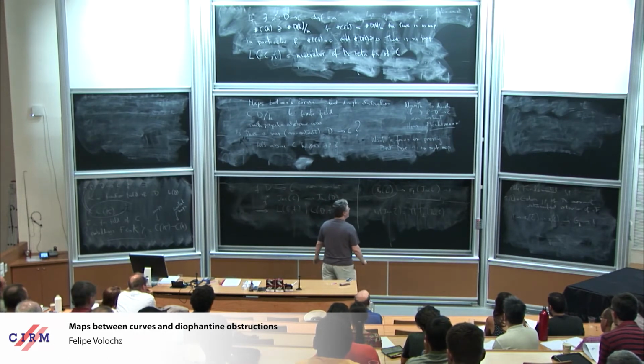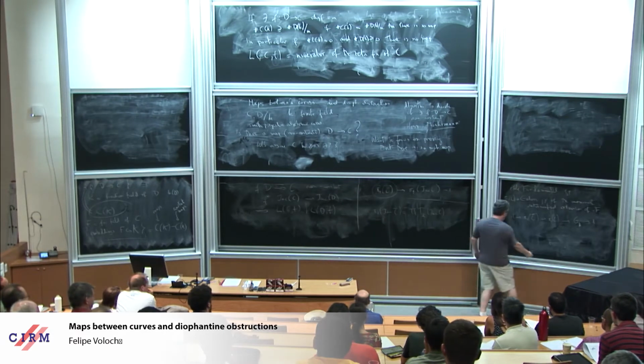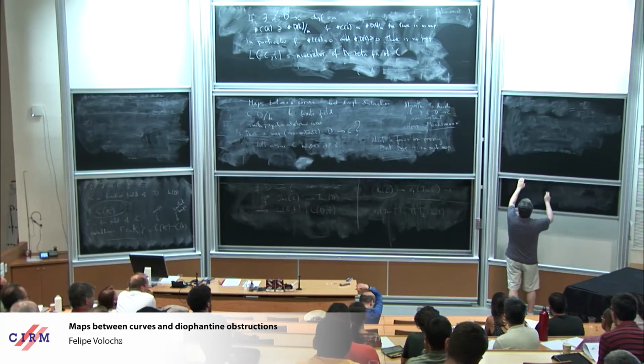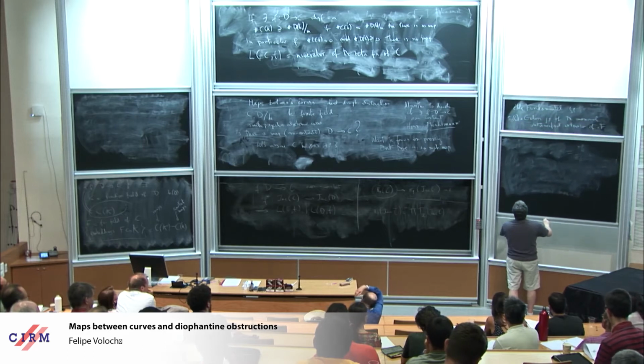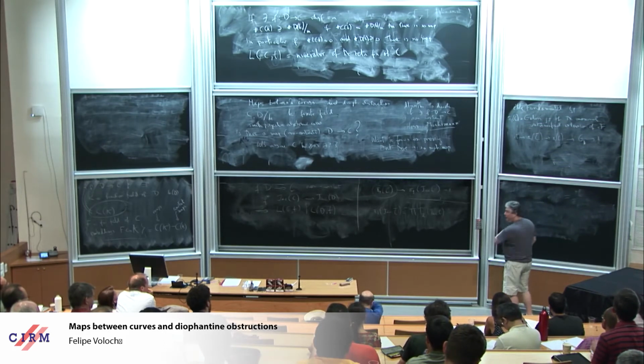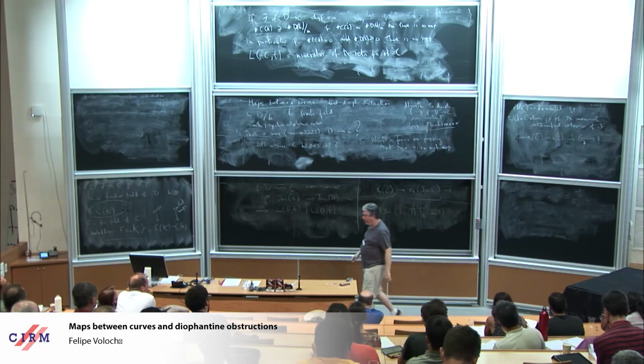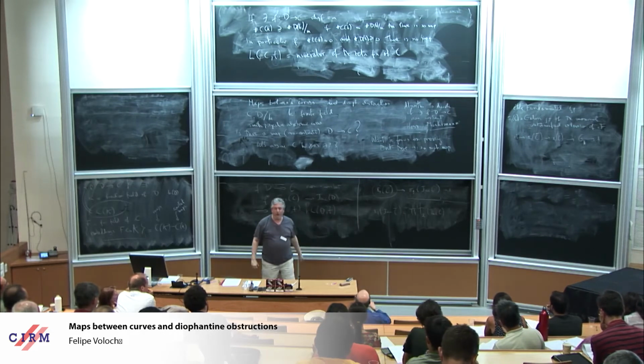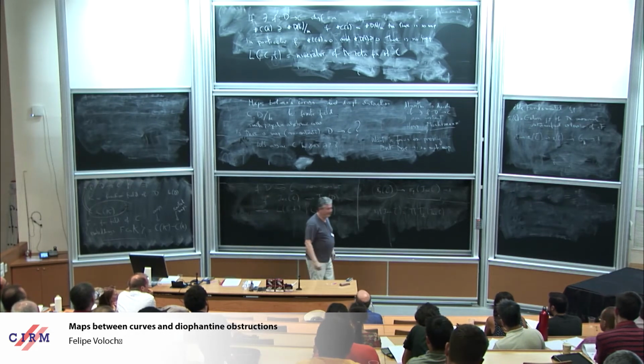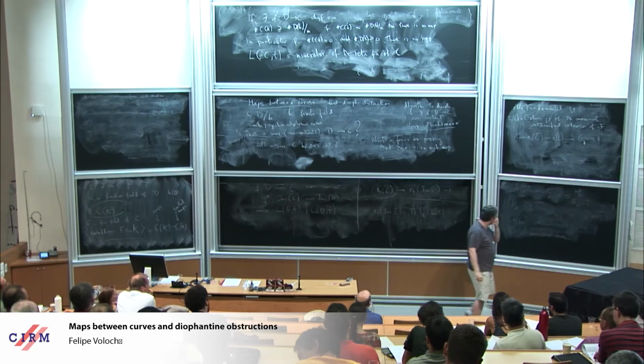So let me define an abelian cover. There's one that comes for free. And in defining it, I'm going to answer Bjorn's complaint about embedding the curve in the Jacobian.